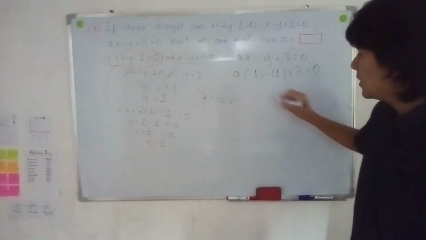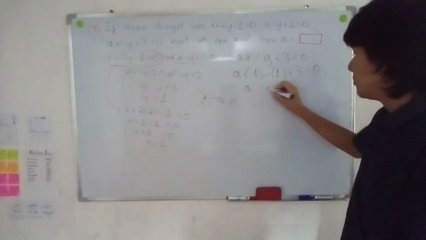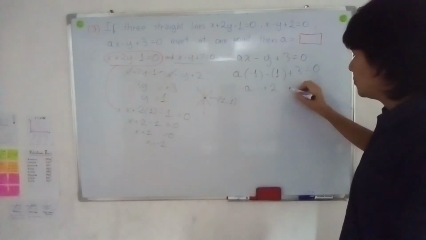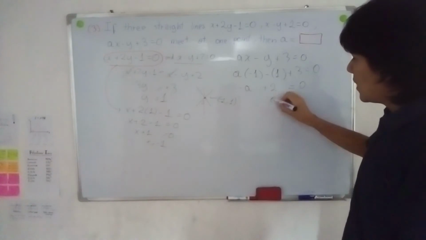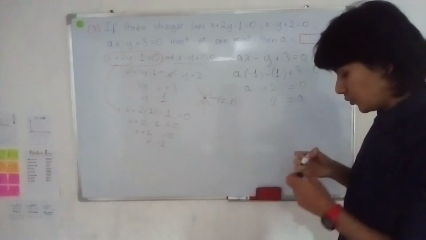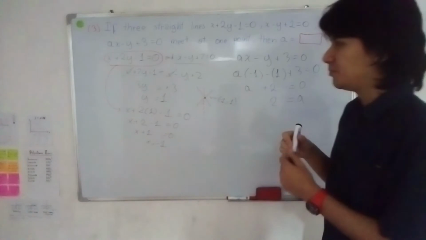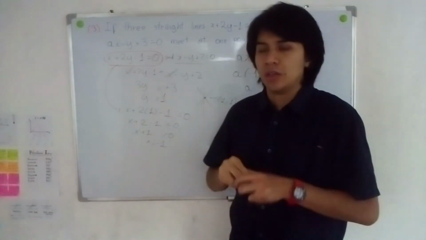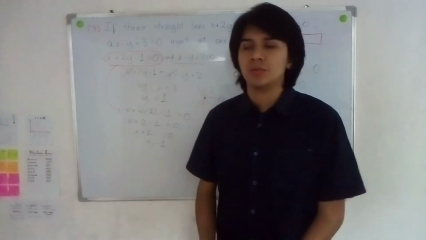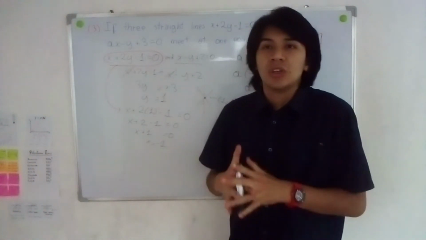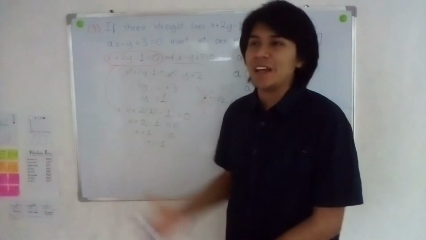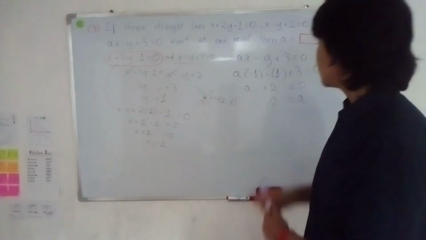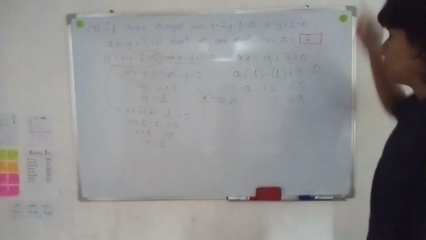Okay? And that is minus a plus 2 is equal to 0, and a is 2. And that is very easy when we know how to do that. That is the question, and then a is 2.